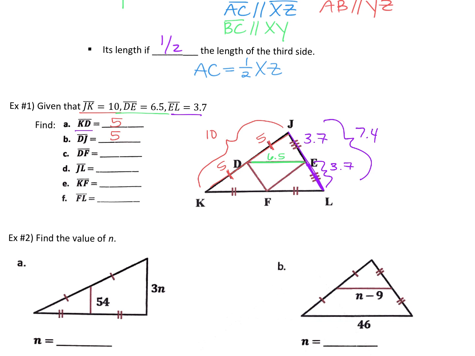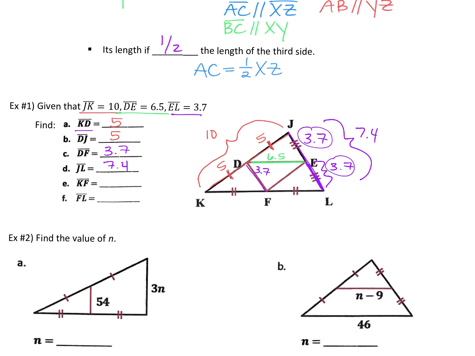What is DF then? 3.7. So this piece and this piece are the same as DF, right? If you take the whole thing, 7.4, and you cut it in half, you get 3.7. Do you see that? Okay, so JL we already said was 7.4.